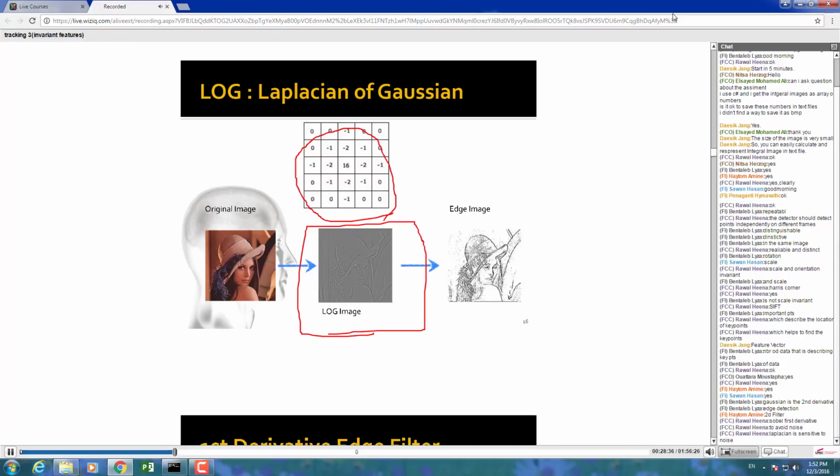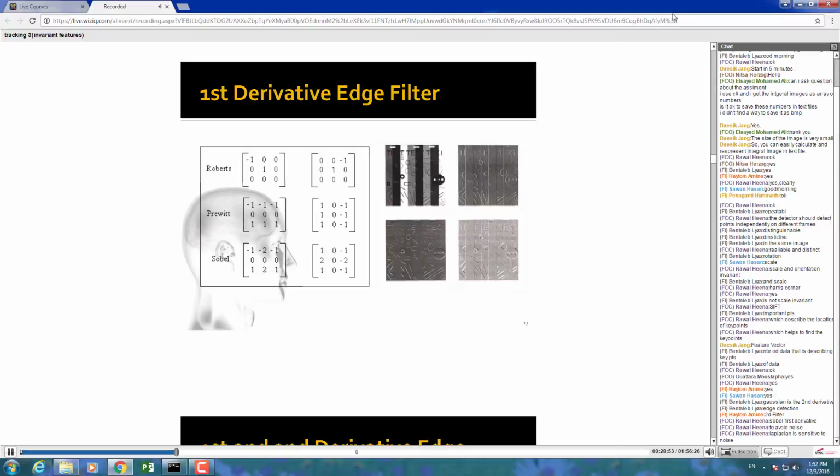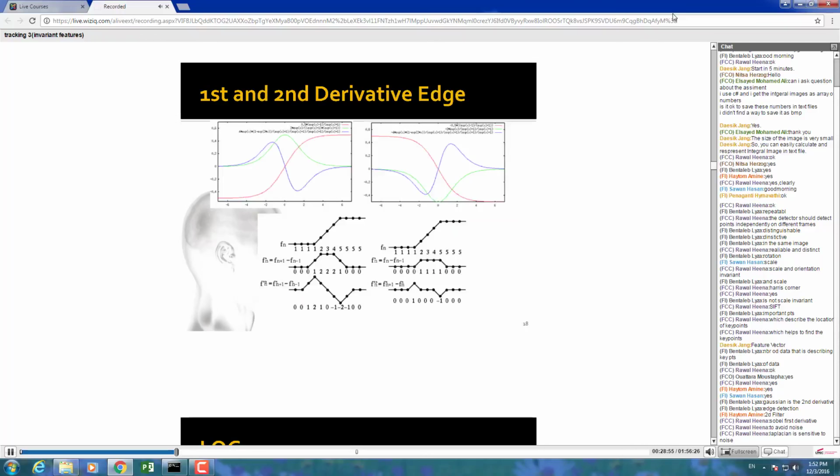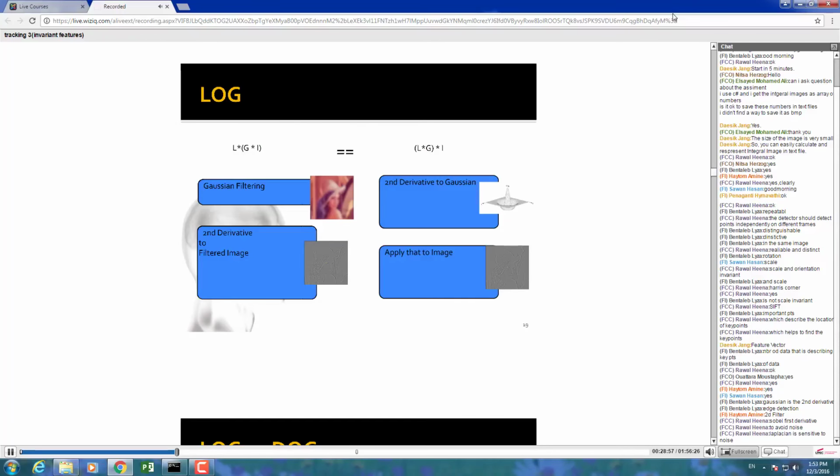Then based on this LOG image, we can select some points and get this kind of edge. So this is a very general process to detect edges using Laplacian of Gaussian.